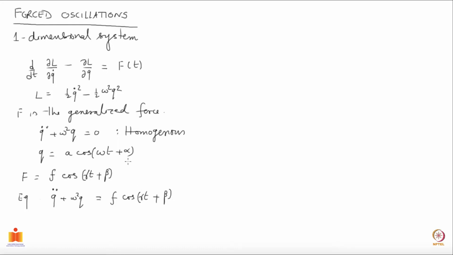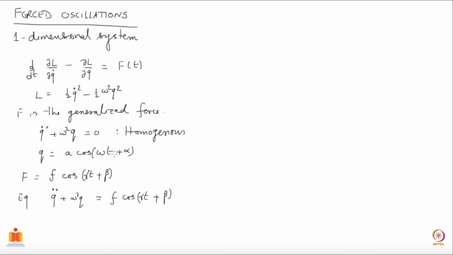Note I have taken different alpha and beta here. You can choose one of them to be 0. So let's say you can choose alpha to be 0, which is basically equivalent to choosing the origin of time. You can absorb that alpha in the definition of time. You can choose your new time such that there is no alpha here.